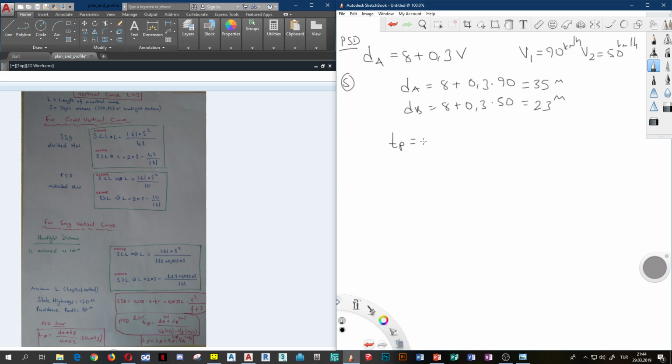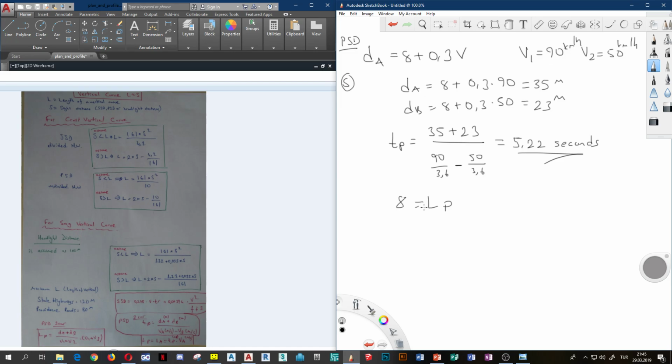Look at that, dP is equal to dA plus 23 divided by velocity A. Of course, it must be meters per second: 90 divided by 3.6 minus 50 divided by 3.6. Yes, it's equal to 5.22 seconds.